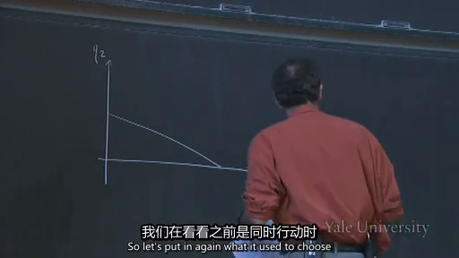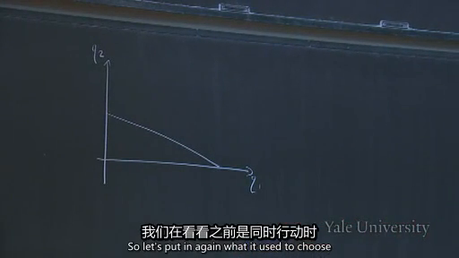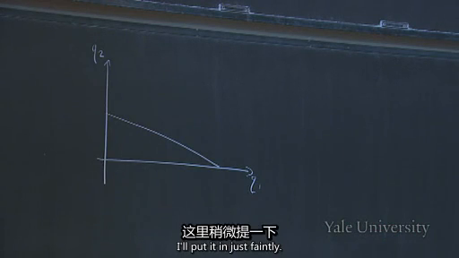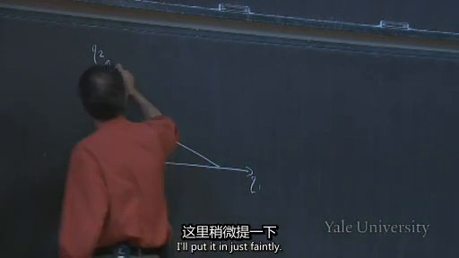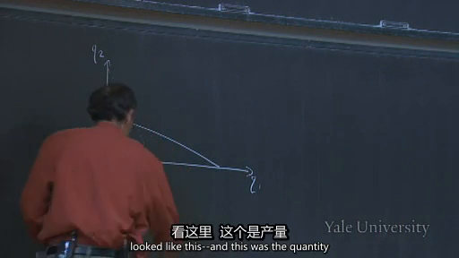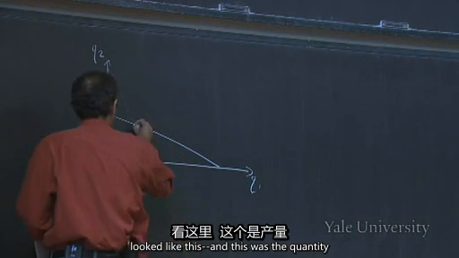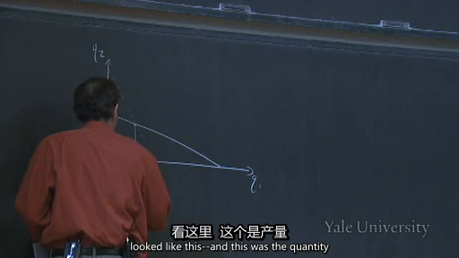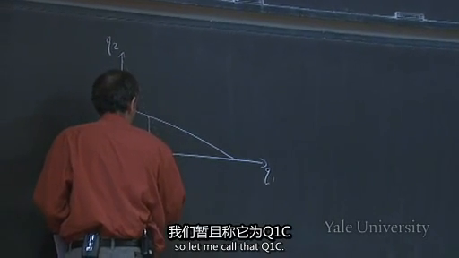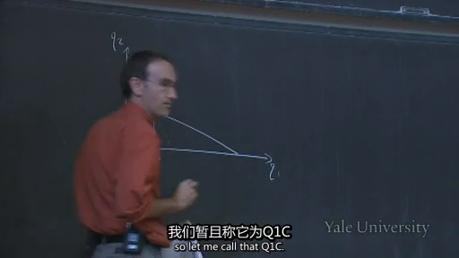Let's put in again what it used to choose when the problem was simultaneous. I'll put it in just faintly. So here's our old Cournot picture. It looked like this, and this was the quantity that firm 1 chose in the Cournot game. Let me call that Q1C.